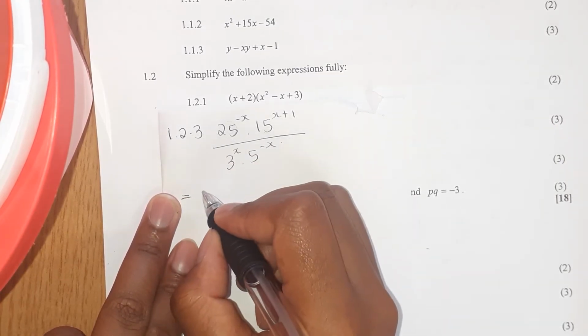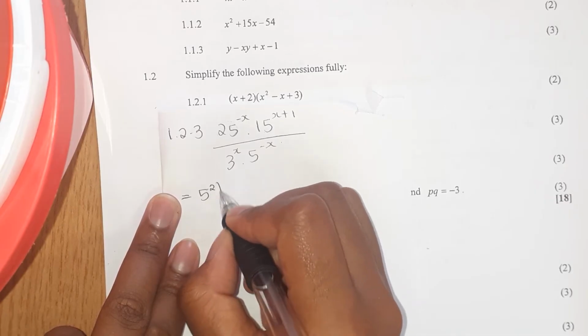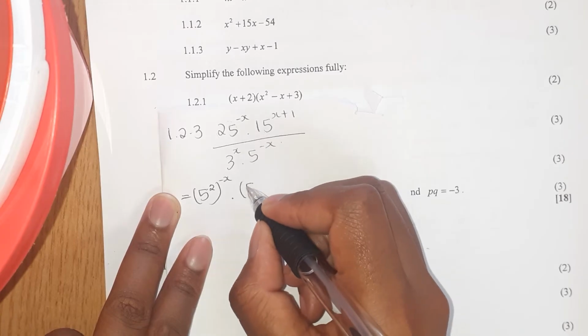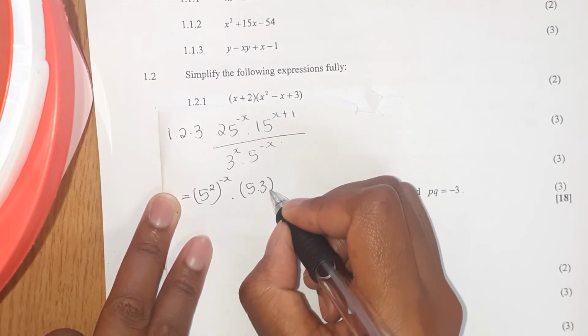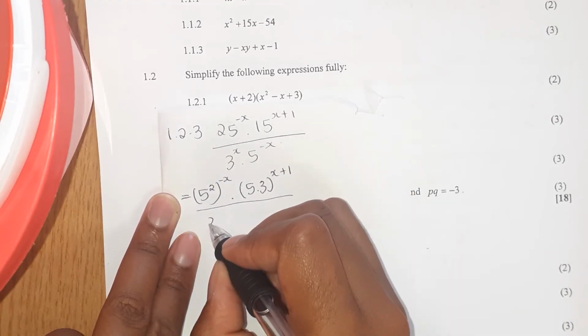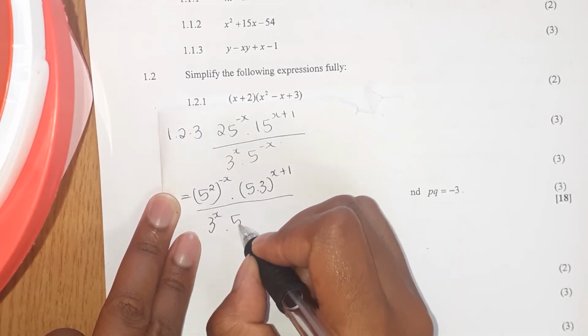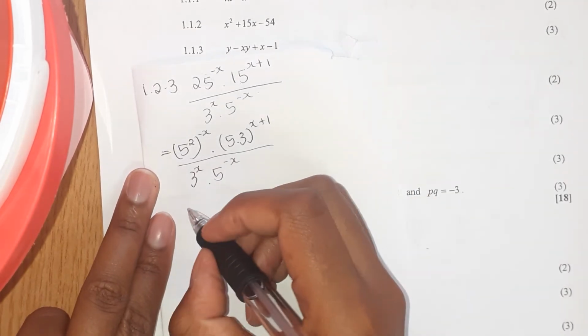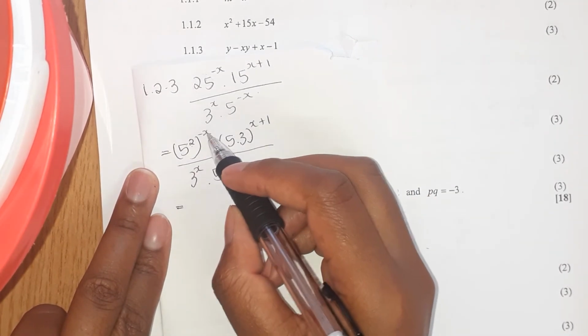This is 2. I said we can write this as 5 to the power of 2 to the power of negative x. This we can write as 5 times 3 to the power of x plus 1. We can write this as 3x. There is still like that, it's small. We don't have to do anything to it. So here this 2 will multiply.